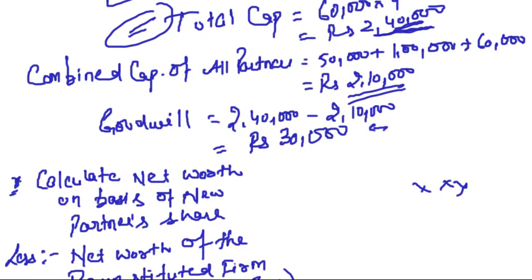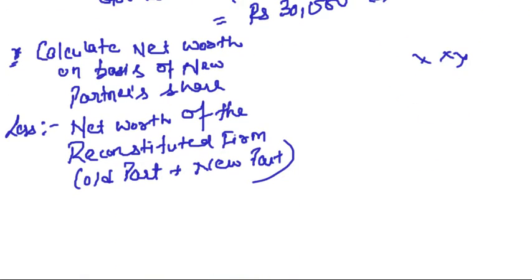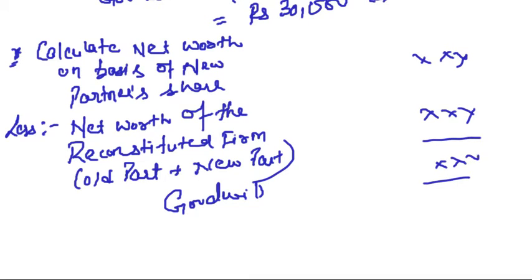This is what we did. Combined capital, net worth of the new firm: old partners 50,000 and 1 lakh, new partner 60,000. The difference between the two is goodwill, hidden goodwill, that has been brought by the new partner.